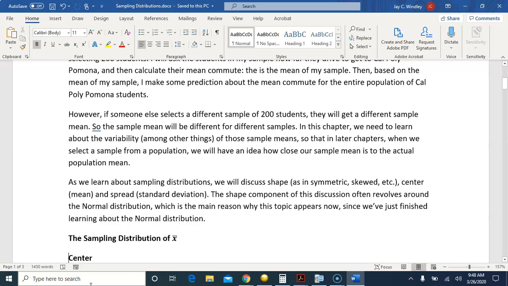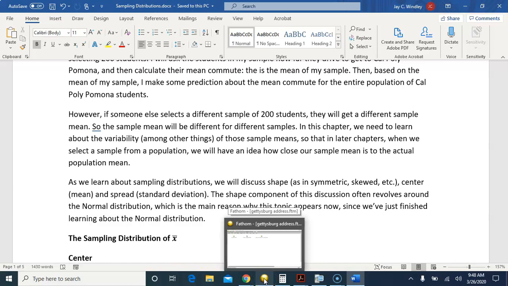In this chapter, when we're talking about sampling distributions, we're going to talk about shape, center, and spread. And the shape often involves the normal distribution, which is why we're learning about this topic now, after having just mastered the normal distribution.